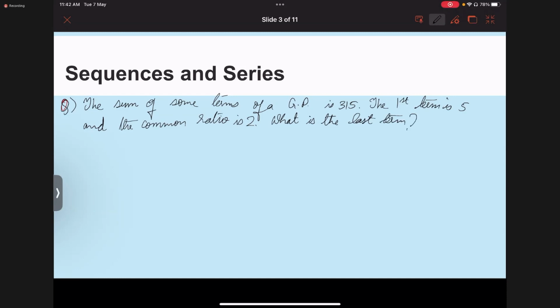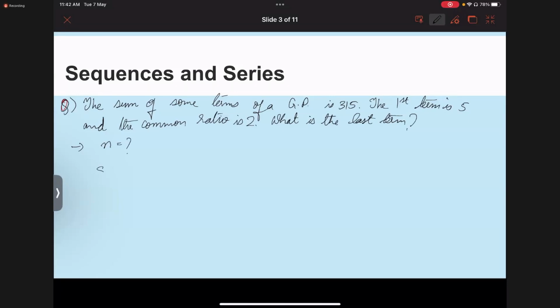Okay, over here you can see that we have been given the sum of the GP, and we have also been given the first term and the common ratio values. So first we need to find what n is. Once you know n, you can find the last term.